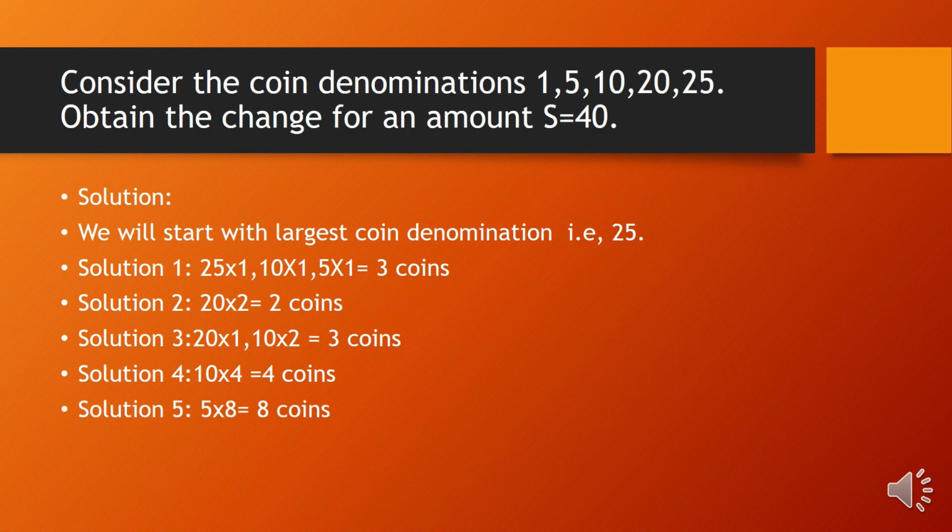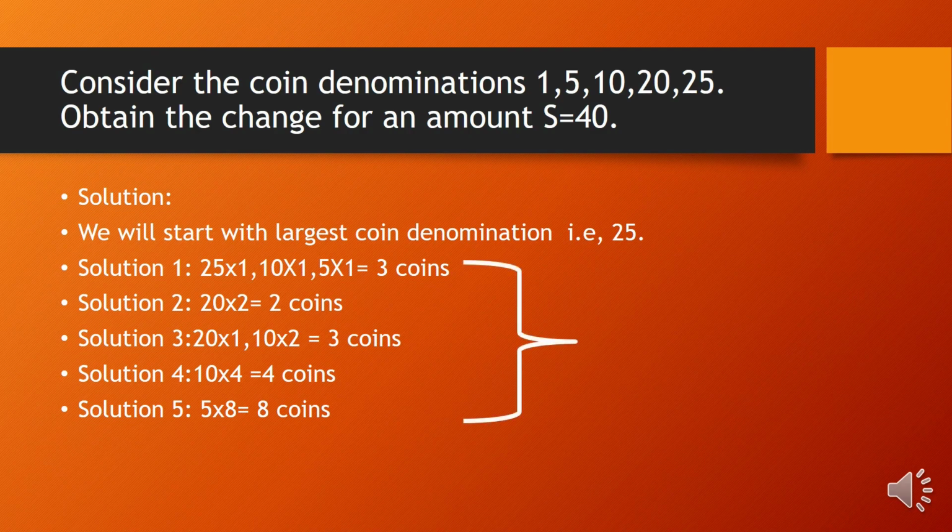And solution 5 says that I can make use of 5, but you may have to use 8 coins. So these are the different solutions we can get for 40, but our aim is to give fewer coins as change.